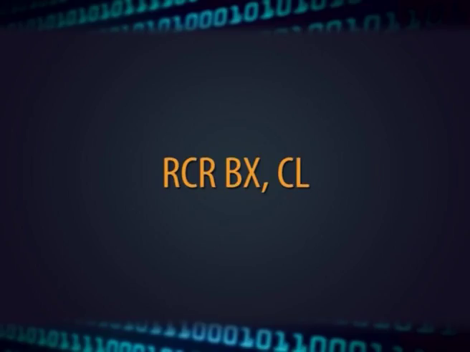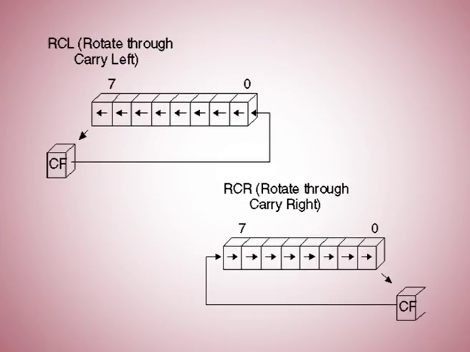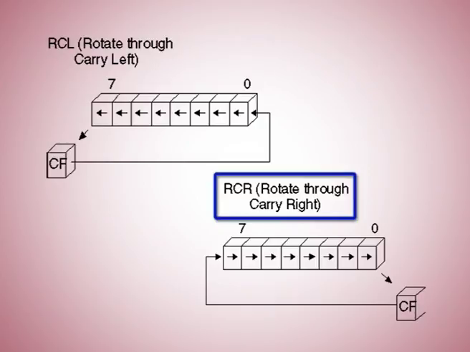You can write RCR BX, CL. That means, if the CL contains a value 3, the rotate operation is performed 3 times. The instruction rotate right with carry performs the rotate right operation a number of times as specified in the register CL, as explained in the example.